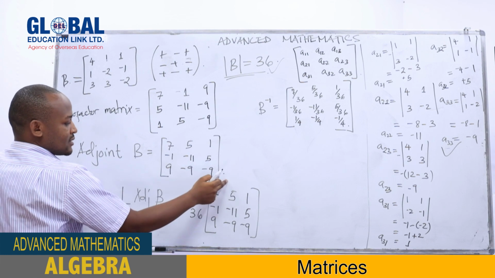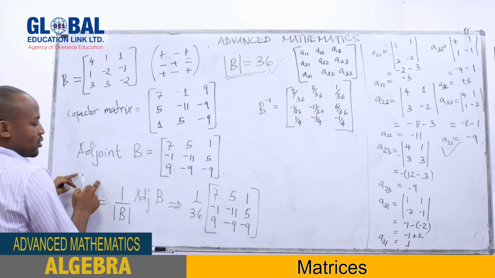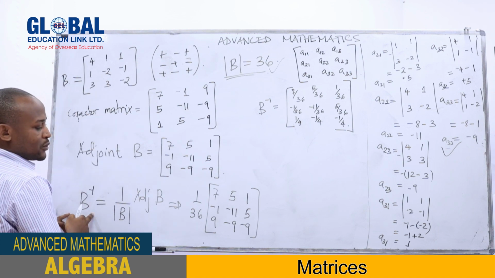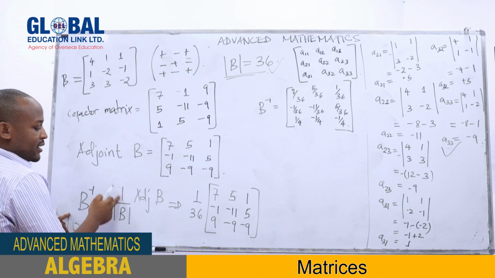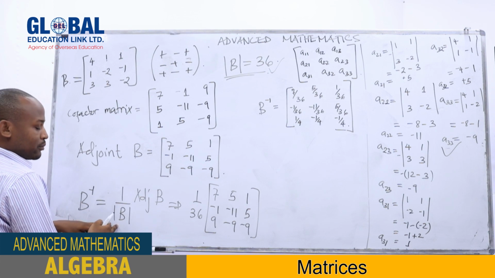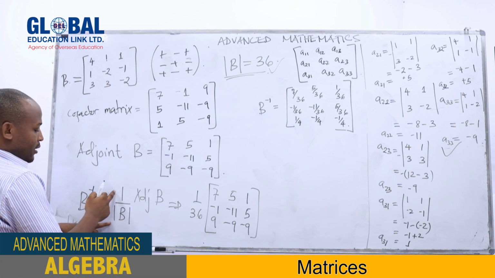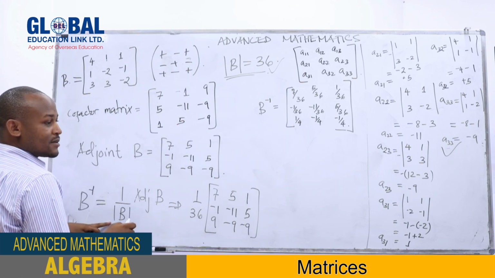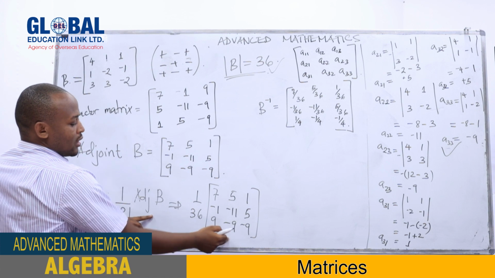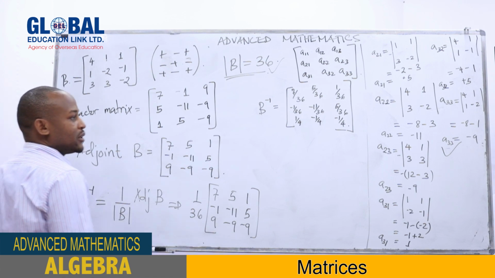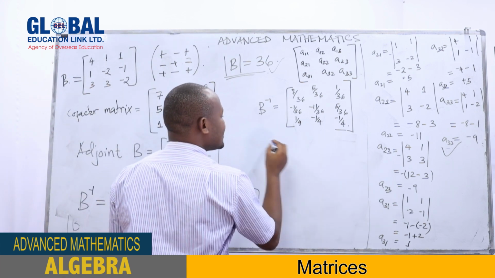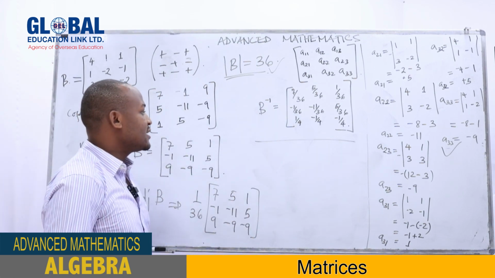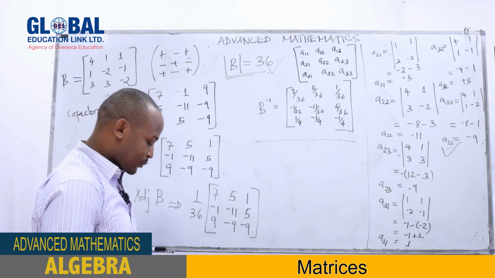After that, we multiplied the reciprocal of the determinant times the adjoint of B, and this was the result that we obtained. So this is the inverse of the matrix B. Follow the procedure, and I assure you, you will get the answer.